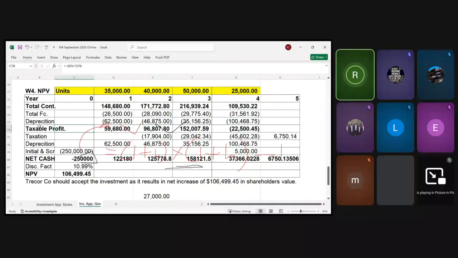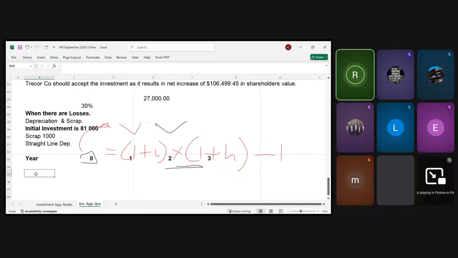Right, and then I tax. Assuming that our before tax profits, in year 1 we have a loss of minus 500.